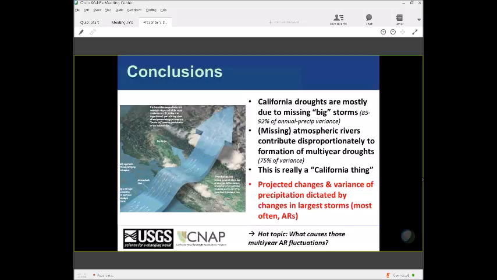There is a strong indicator that missing atmospheric rivers contribute disproportionately to the formation of our droughts, capturing about 75% of variance. This is a California thing. And for this session, I suppose the main thing is that the projected changes in the mean and variance of precipitation for Northern California really end up being dictated by what happens to our largest storms.